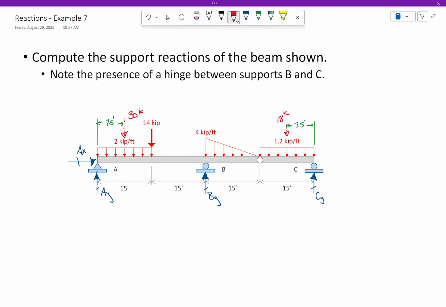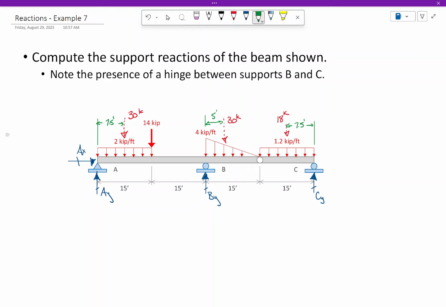So I'm going to collapse that as a 30 kip point load. Okay. All right. So there's that.